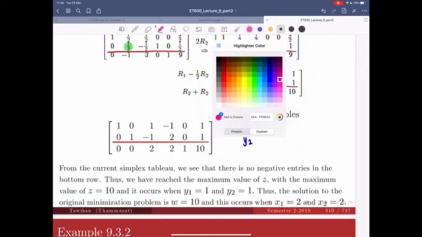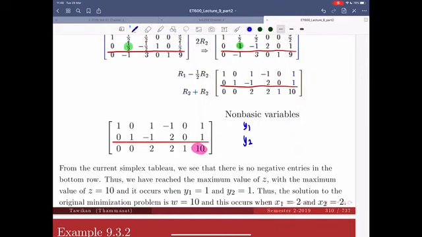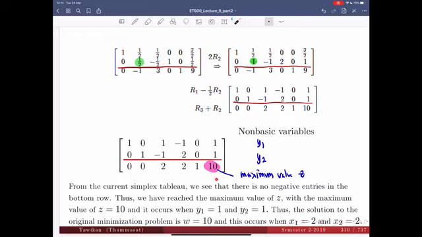That occurs when y1 is 1 and y2 is 1. To read the solution to our original problem, which is to minimize w, this is also the minimum value of w, and it occurs when x1 is 2 and x2 is 2.